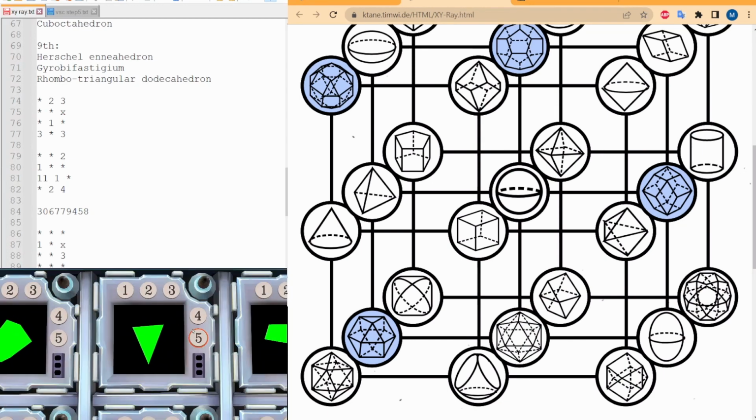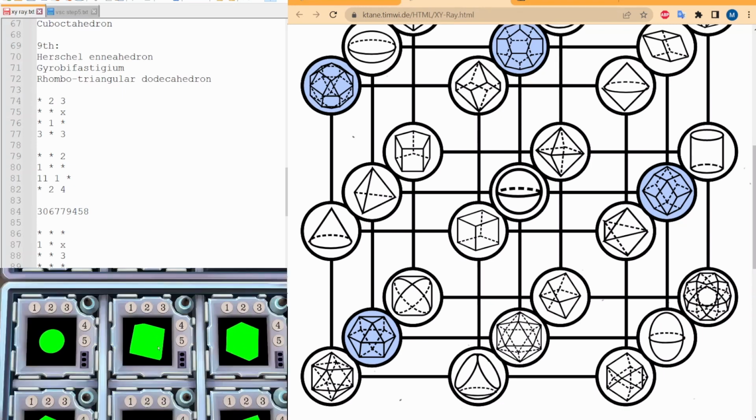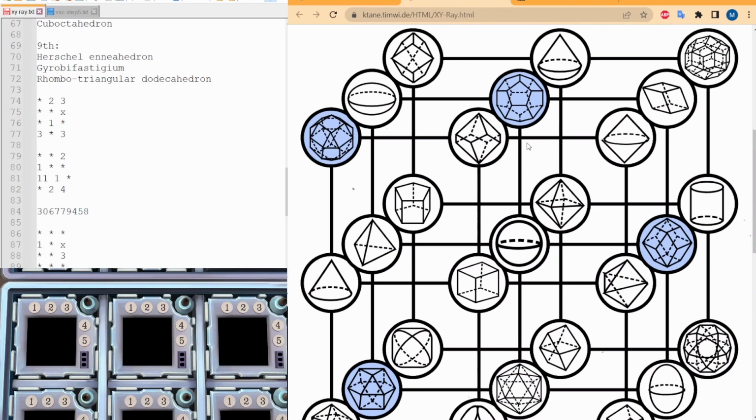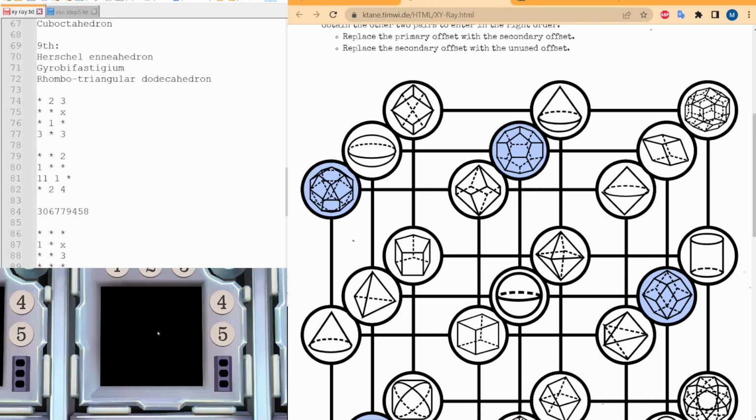It consists of only pentagons, and each vertex has three lines connected to it. So it's easy to identify. You just have to confirm that all vertices have three connections and all the sides are pentagons.